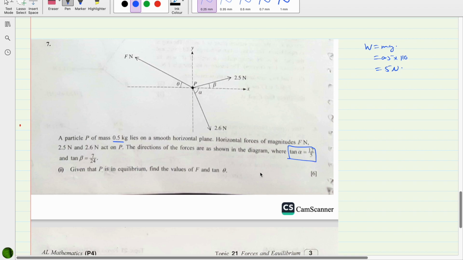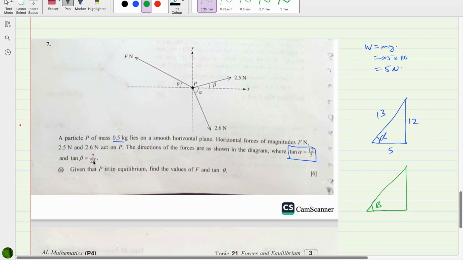If we have this, indirectly we have all the values. For example, if I draw and write alpha here, tan alpha is perpendicular over base. Applying Pythagoras theorem, I get 13. So I can actually write values for sine and cos as well. And tan beta is given, so this triangle is right there.